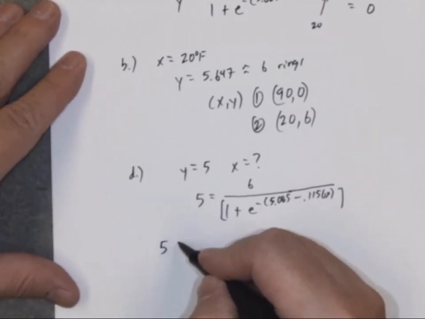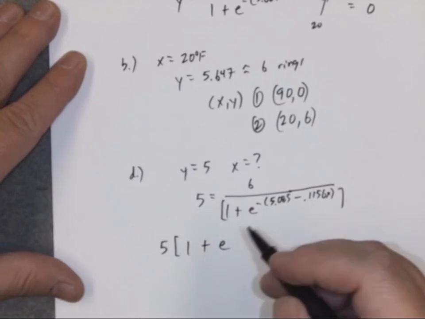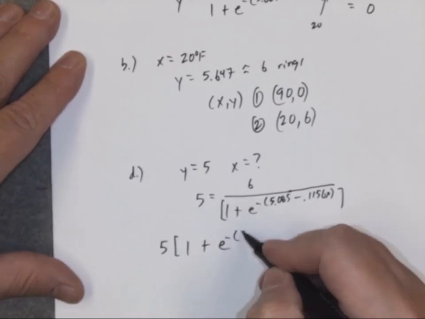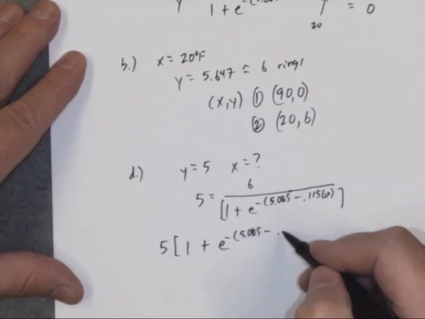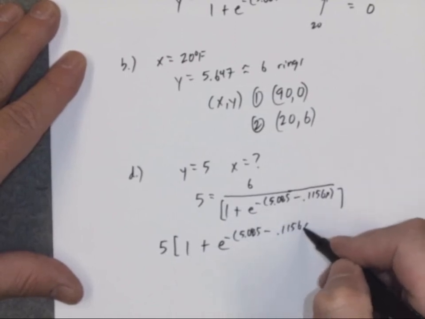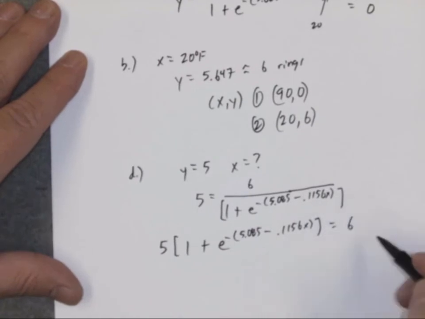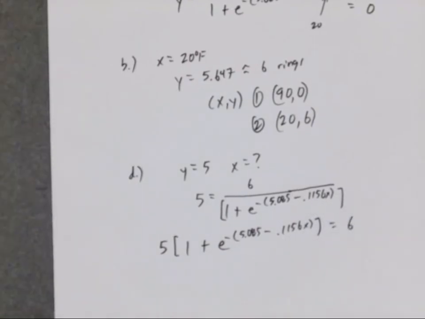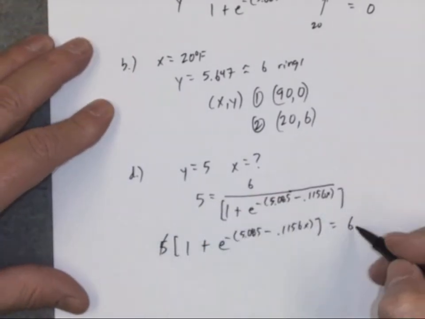So I have 5 times 1 plus e to the negative 5.085 minus 0.1156x equals 6. So let's actually divide both sides by 5.